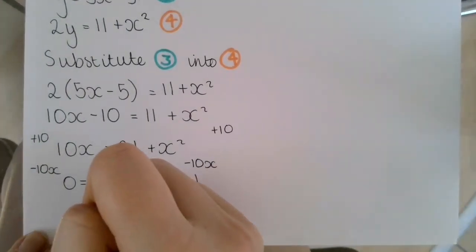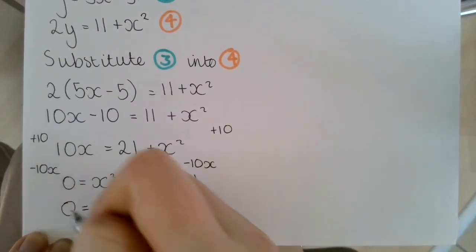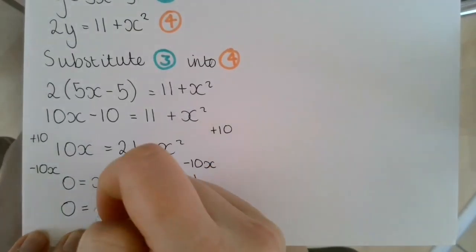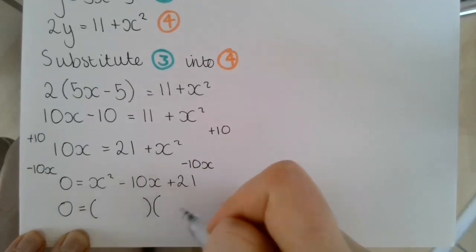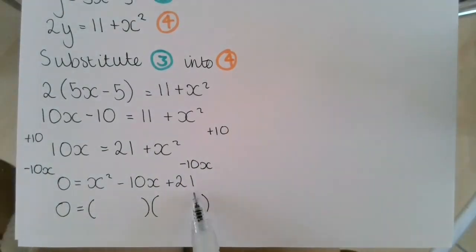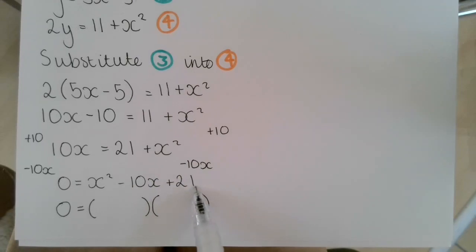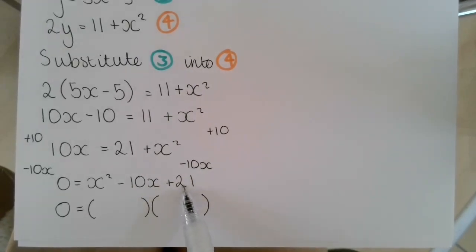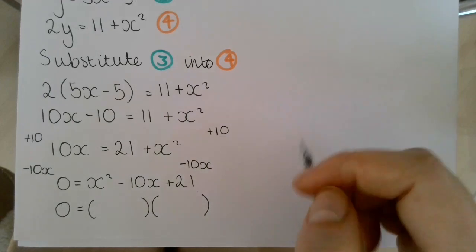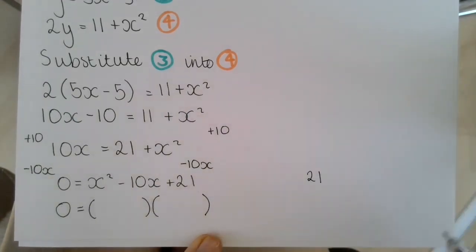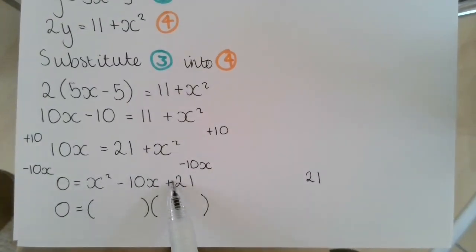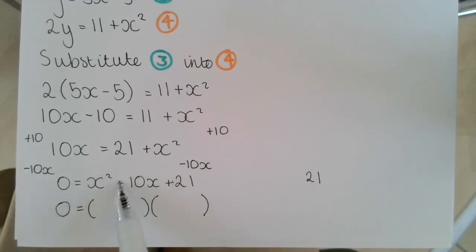Now I can solve this by factorising the right hand side into 2 brackets. To factorise, I'm looking at my factors of the number at the end of my quadratic, so the constant term. So I'm looking at my factors of 21 that make a sum of negative 10. So my factors of positive 21 that make a sum that's negative must both be negative.